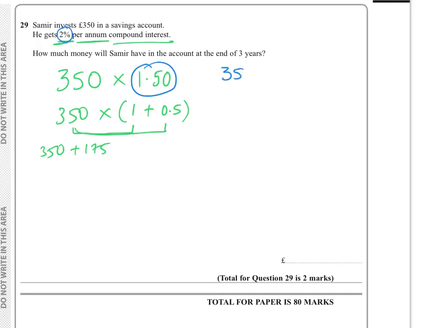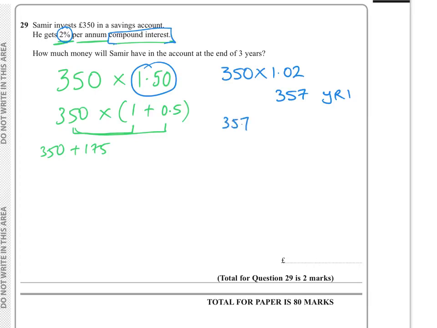So what you would do, you'd have to do 350 times 1.02. And if you do that on your calculator, you'd have 350 times 1.02. And that would give you exactly what is in the account at the end of year 1. So then, to get the compound interest, you do the same process to the amount you have at the end of year 1, and you keep doing that cycle.